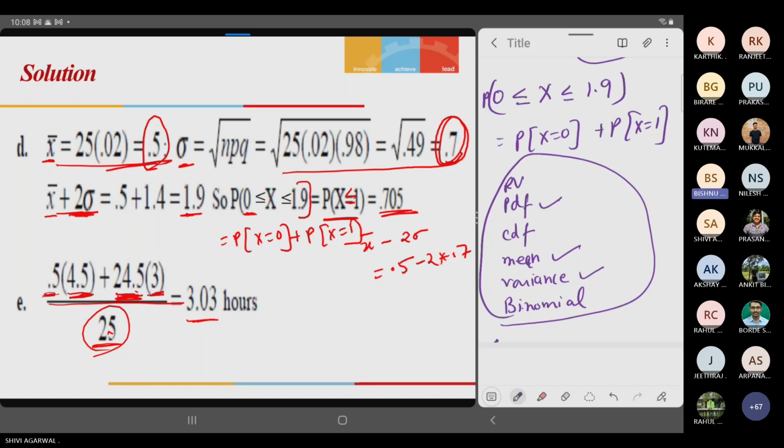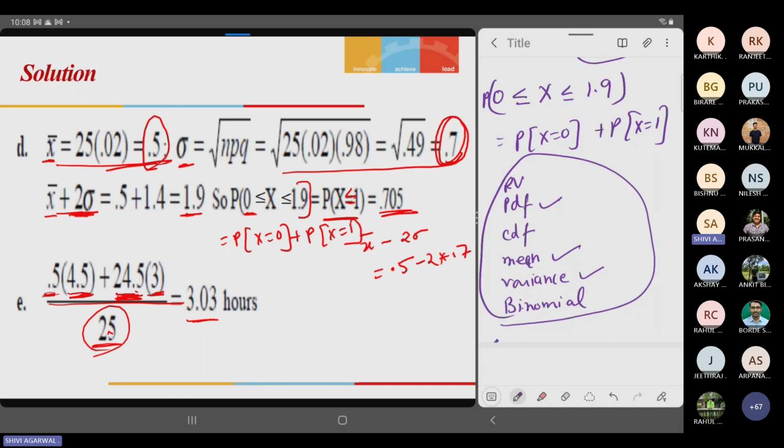Let us say today you have covered PDF, CDF, mean. It will be good if you can identify what type of questions will be related to this topic, because we are not understanding what type of question it is. So it will be easy for us to understand what type of question is coming in the examination.